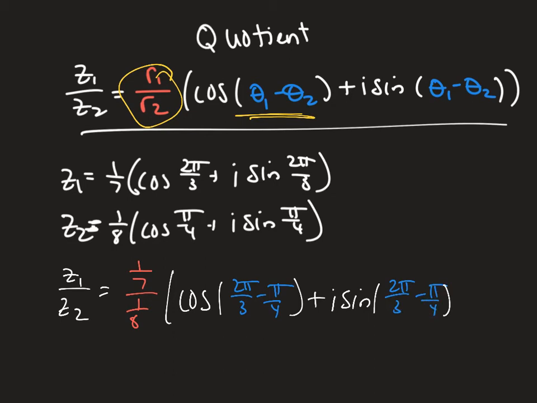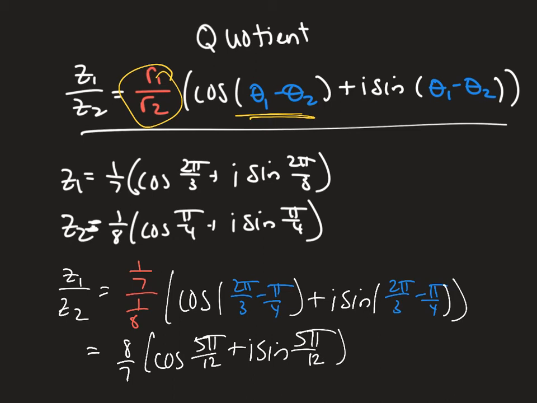And when you write it all simplified out, you get 8/7 times the cosine of 5 pi over 12 plus i sine 5 pi over 12. And again, that is in polar form.